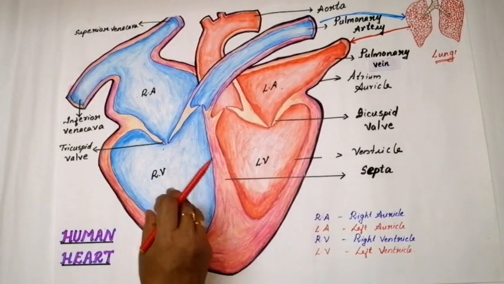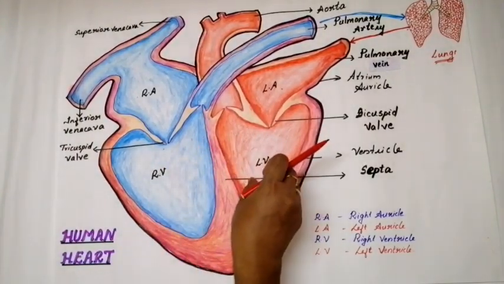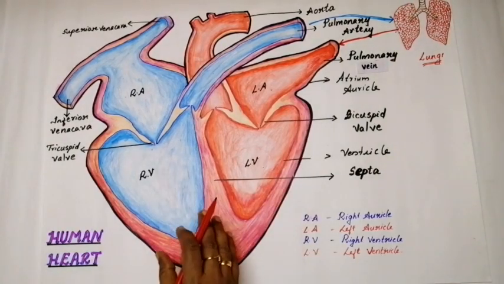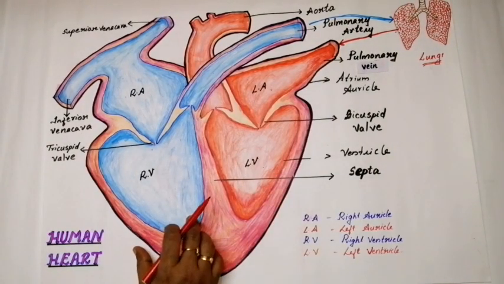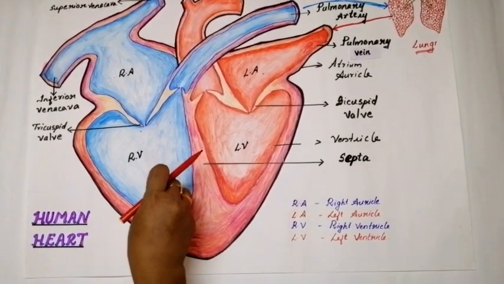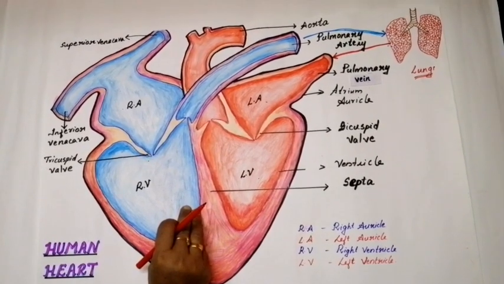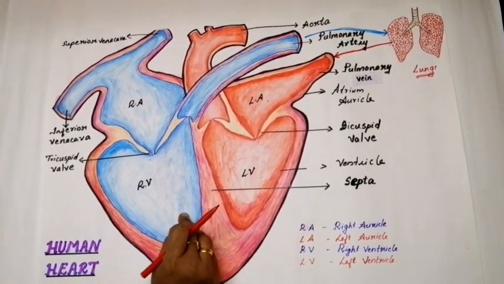So now the right ventricle is filled with deoxygenated blood and the left ventricle is filled with oxygenated blood. Now immediately there arises a pressure in the left and right ventricles, and the ventricles will contract. This is called the ventricular systole.